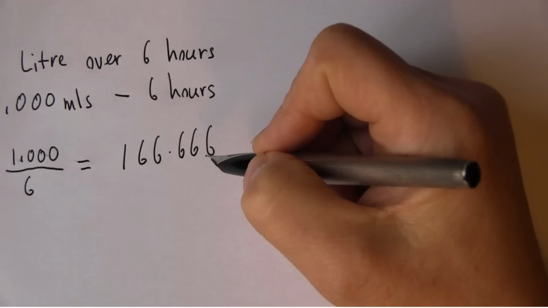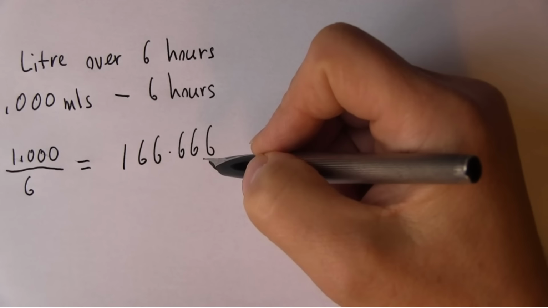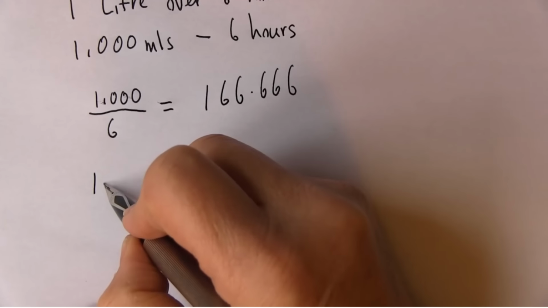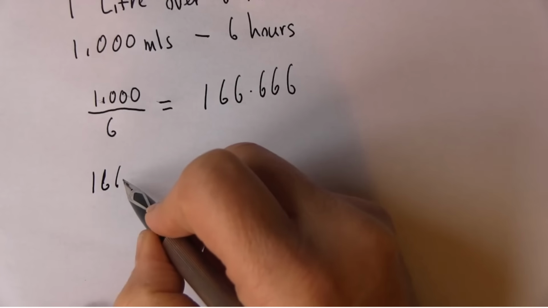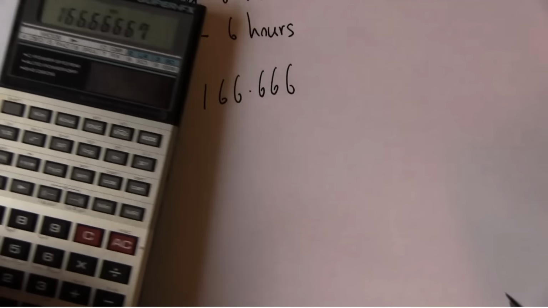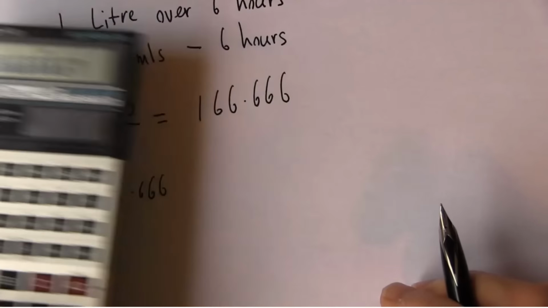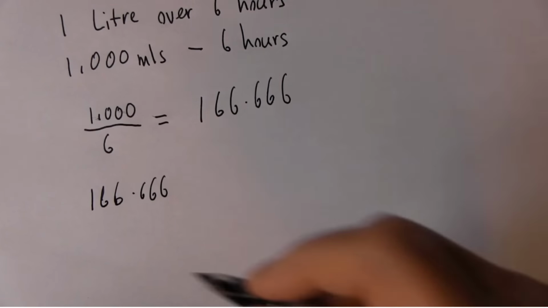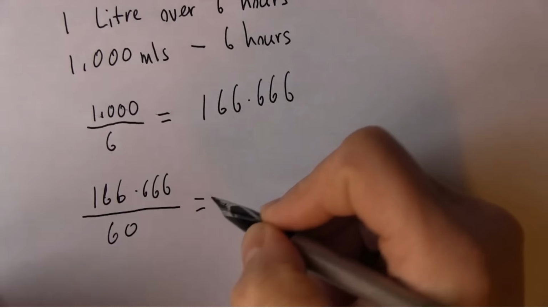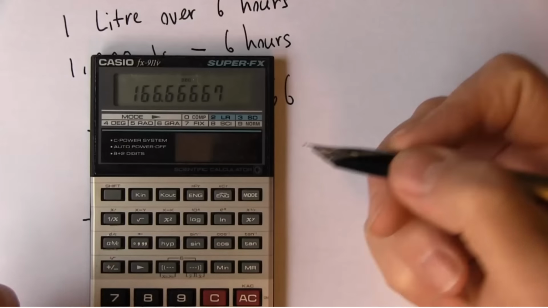That is per hour, but we want to know how many mils we're going to give per minute. So again, that's the 166.666 recurring, which I've just left in my calculator there, and that's going to be divided by 60 for 60 minutes in an hour.